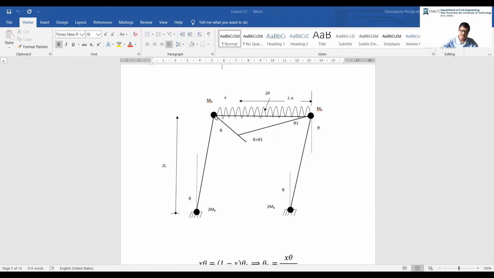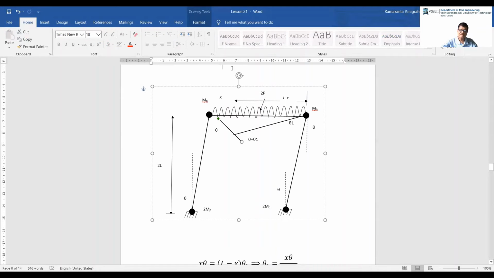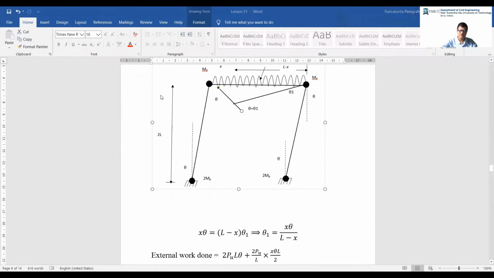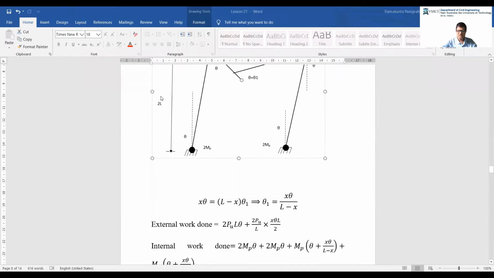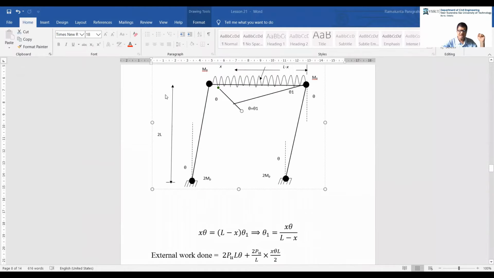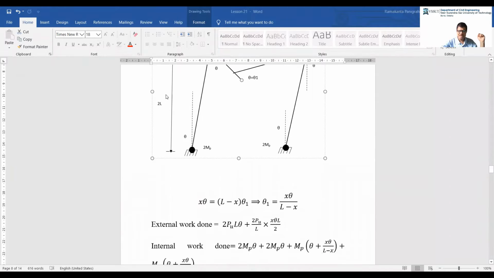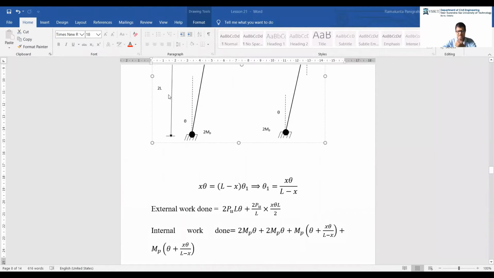This will not be here. That's a mistake. See this: 2 MP into theta, 2 MP into theta, MP into theta plus theta, then MP into theta plus x theta.